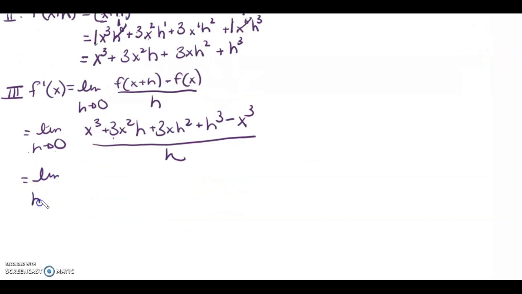Okay, so we write limit as h approaches 0. So what can we cancel out in this line? We can cancel out the x cubed minus x cubed. So those go away. And we're left with this trinomial here. So in this line, let's go ahead and factor out an h. If we factor out this h, we're left with 3x squared.